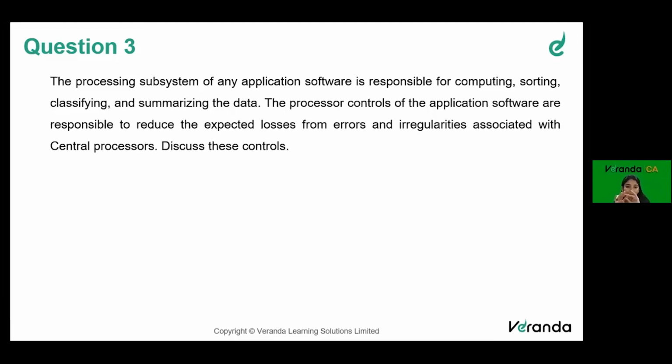The brain of these softwares, such as Excel, Word, other apps on my Google Chrome, is known as the processing subsystem. So first, this brain needs to understand what is happening and communicate with the main brain, the central processing unit, CPU, and then process the data. So discuss the controls that are applicable for the processing subsystem.